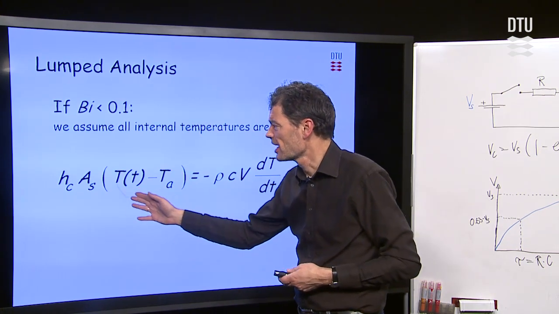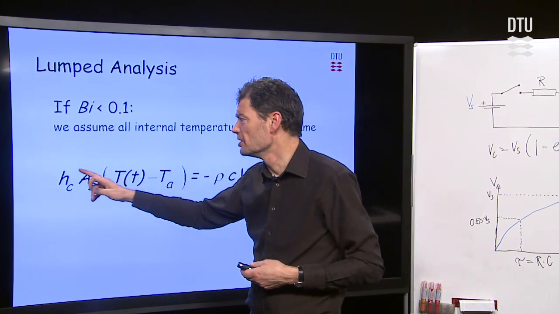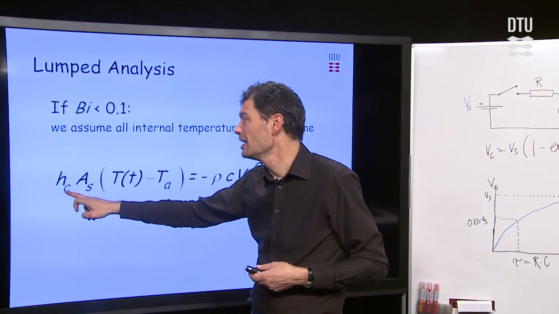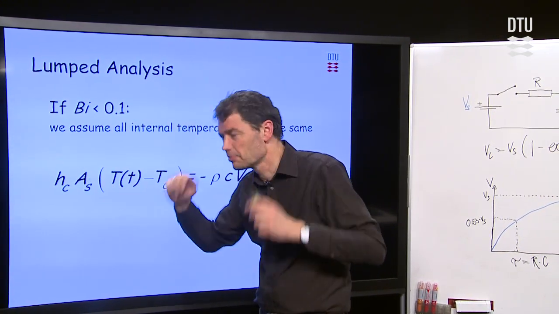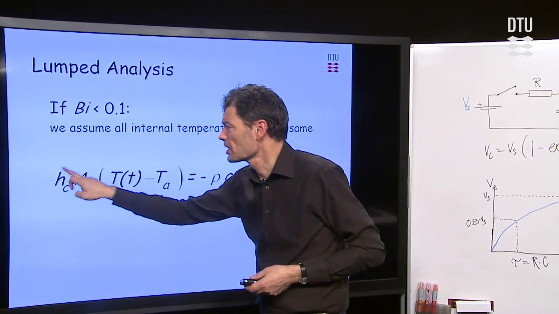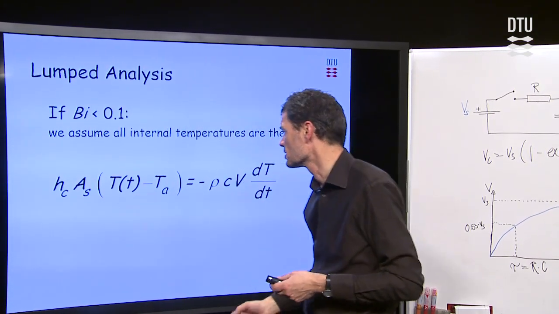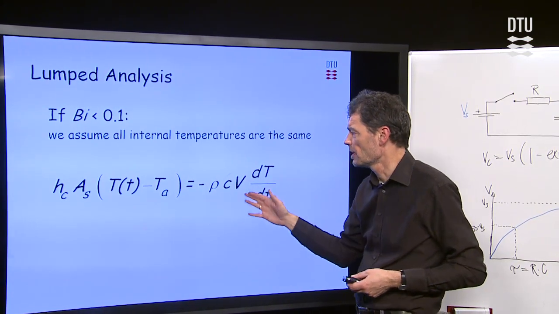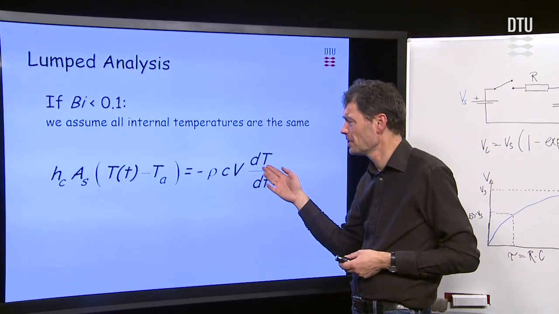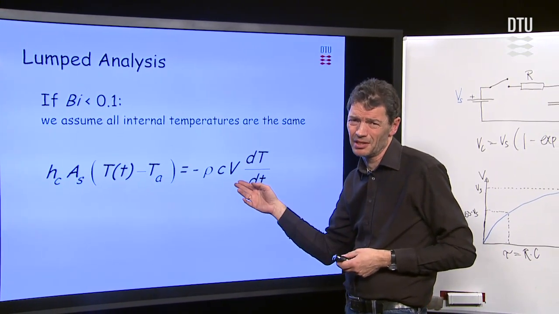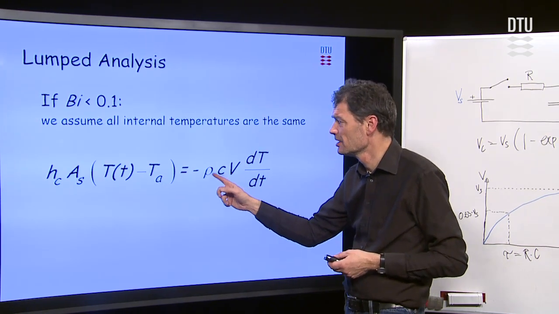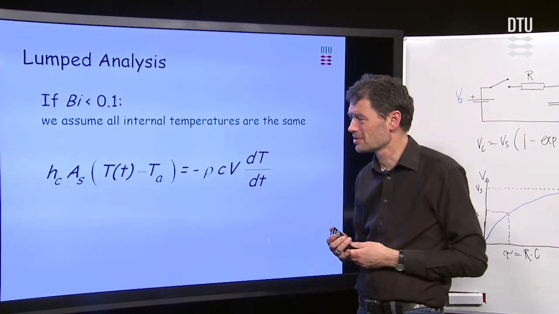And that is connected via the heat transfer coefficient for convection and the surface area of our potato. So this becomes kind of a thermal contact between the potato and the surroundings. That is in balance with how fast the temperature changes, and that depends on the capacity of the potato: the specific heat, the density, and the volume of our potato.